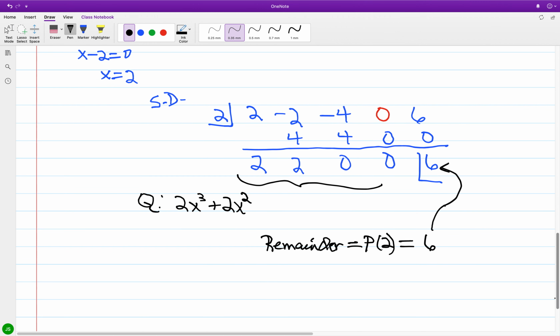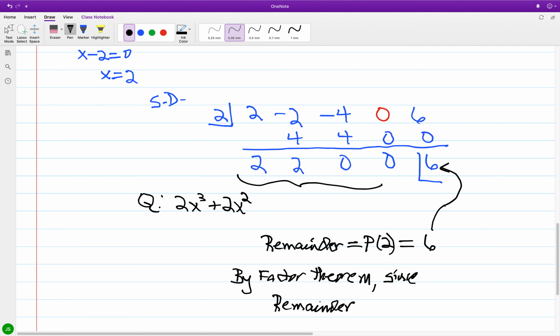Now, by the factor theorem, since the remainder p of 2 is equal to 6, it is not equal to 0.